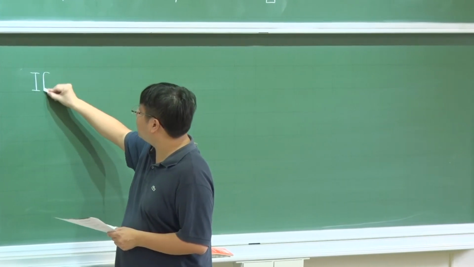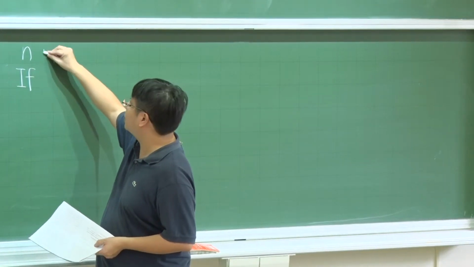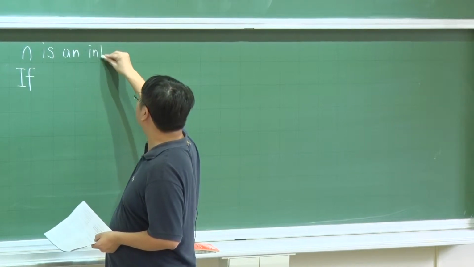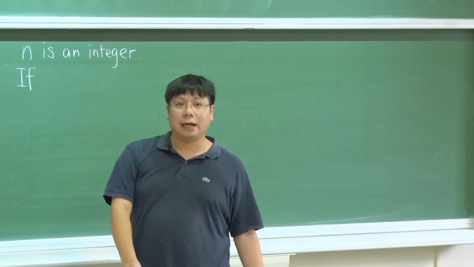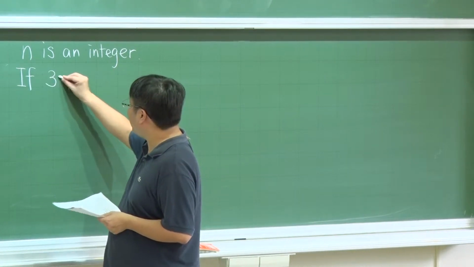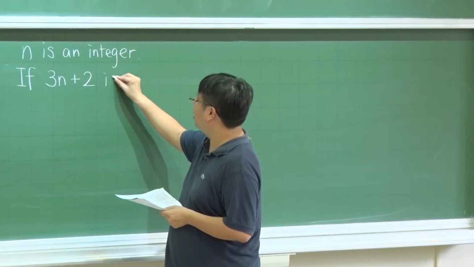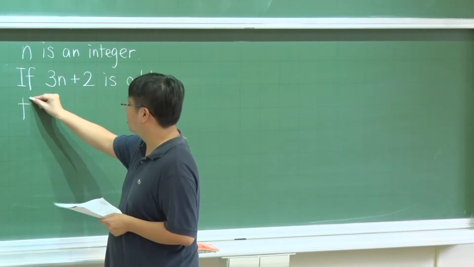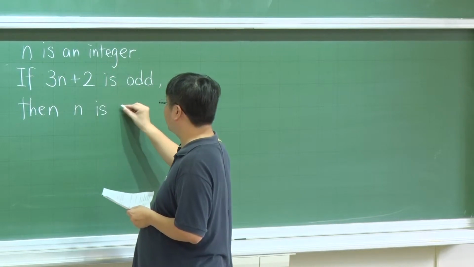So here, let me write down. Suppose that n is an integer. I don't know, but it is an integer we are talking about. And then we are saying that if 3n plus 2 is odd, then n is odd.